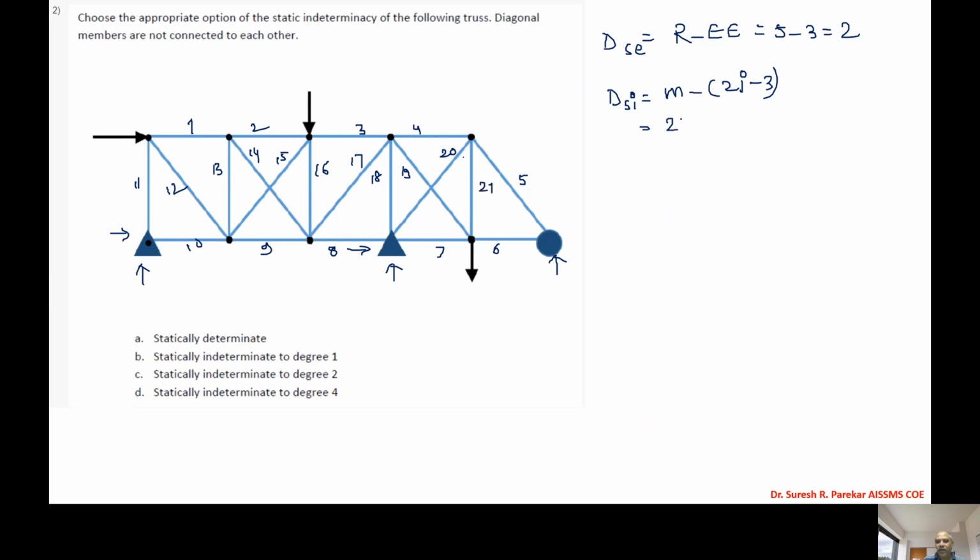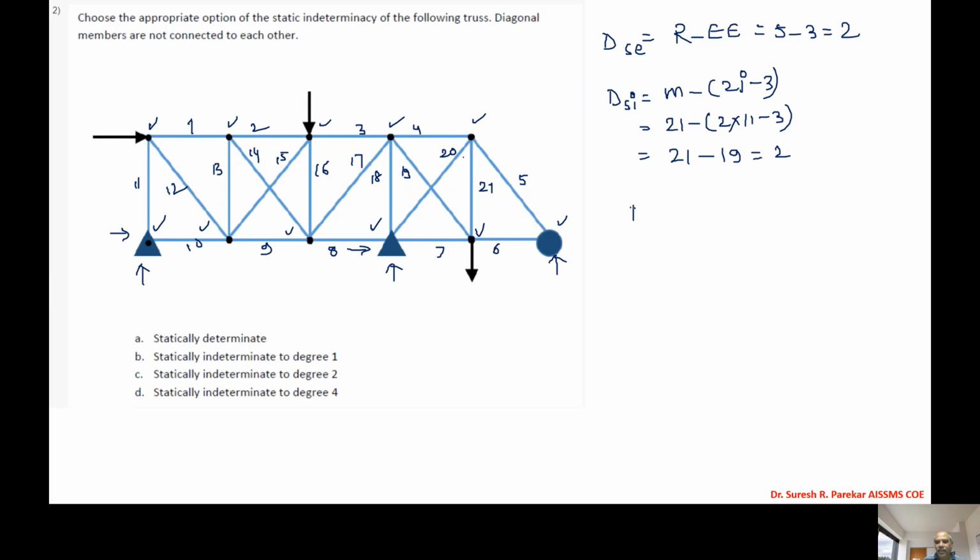So we have 21 minus 2 into number of joints, we have 1, 2, 3, 4, 5, 6, 7, 8, 9, 10, and 11. So we have 2 into 11 minus 3. And then we have 21 minus 19 equal to 2.